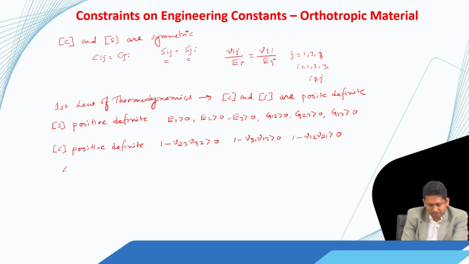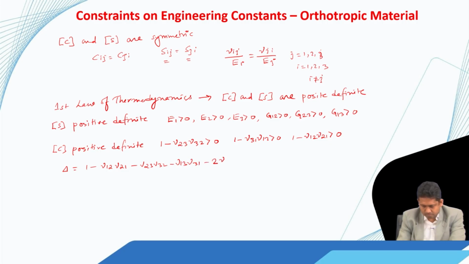And we also defined the term delta, which involved a determinant. So, finally, with that we can write that this is greater than 0.